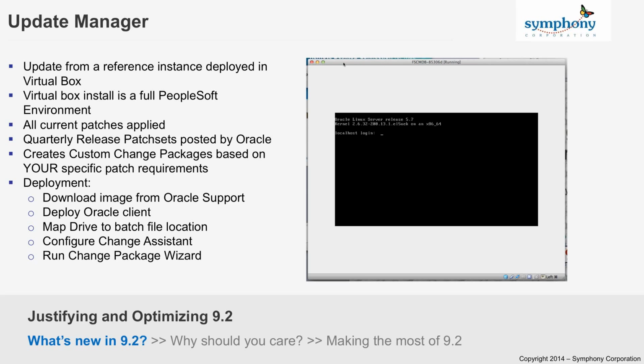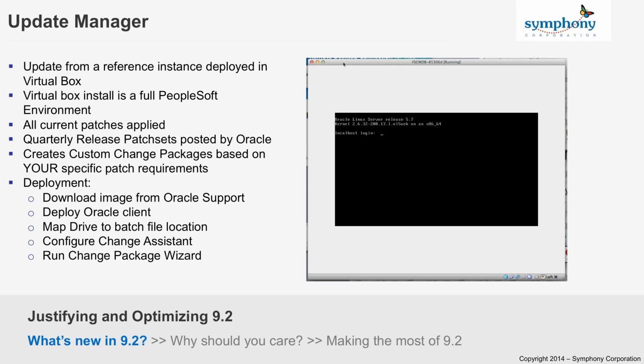But what's behind this is basically you download Oracle VirtualBox, which is like VMware, and then you download the virtual images of the most recent patched version of the product. Finance, HR, they're separate, but you can put them in separate virtual boxes, and then you run your Change Assistant to determine which patches you need to apply that are specific to your environment.